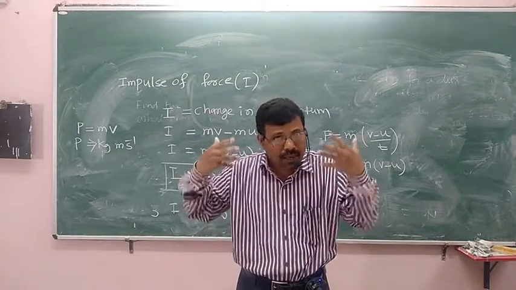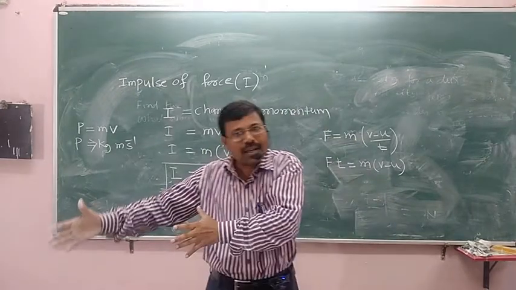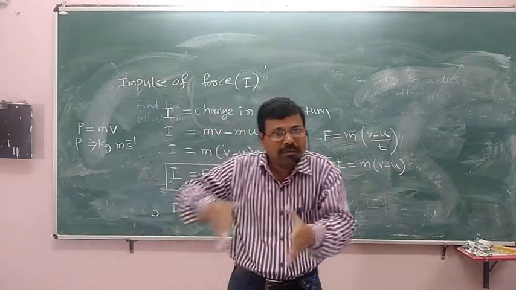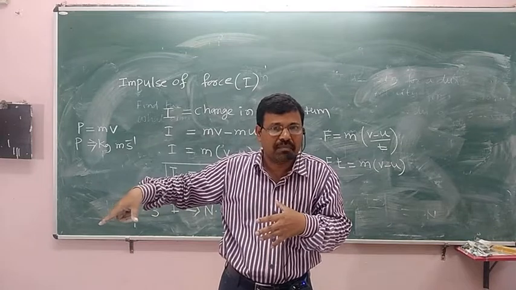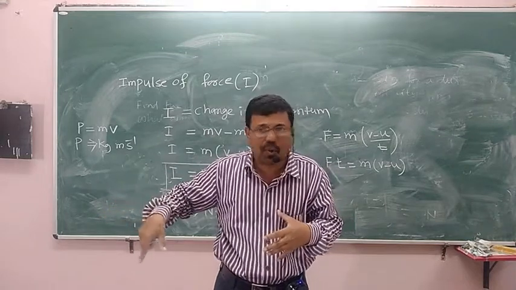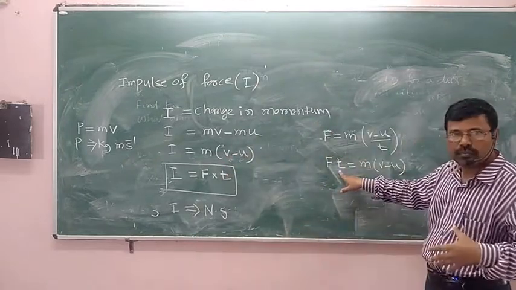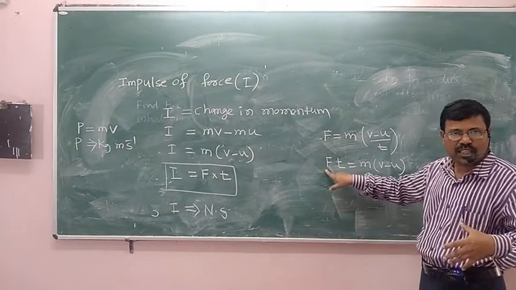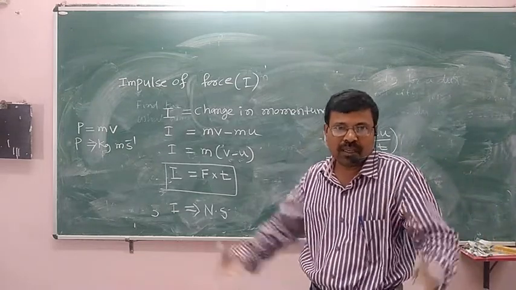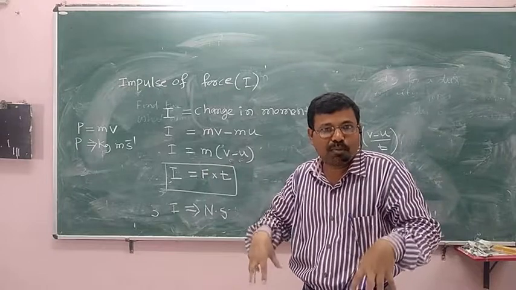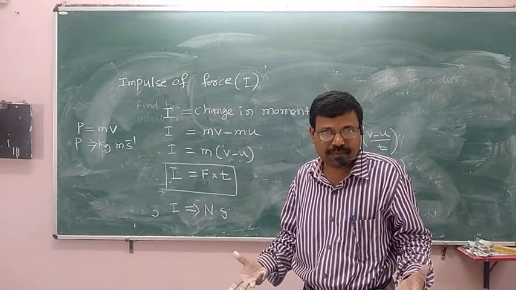Therefore, no injuries. But if the same athlete jumps on the hard surface, what will happen? The time becomes zero. There is no change in momentum. When the time becomes zero, a large force acts upon the legs, then he receives more injuries.